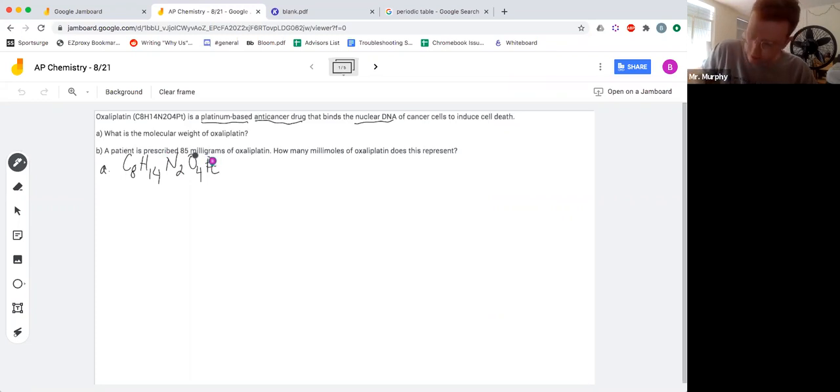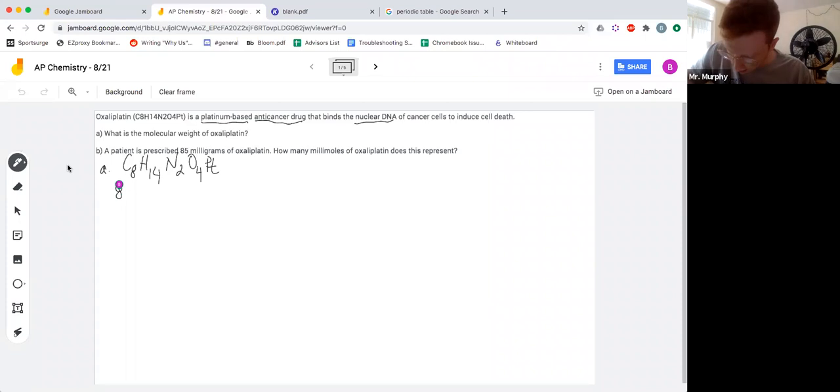These are the constituent components of this molecule. How much do each of these weigh? What are each of the molecular masses of these? And for the record, I'm going to be using the roundest whole numbers of these molecular weights. So if you see that I'm using 12 grams per mole instead of 12.01 grams per mole for the molecular weight of carbon, I'm doing it just to go quickly.